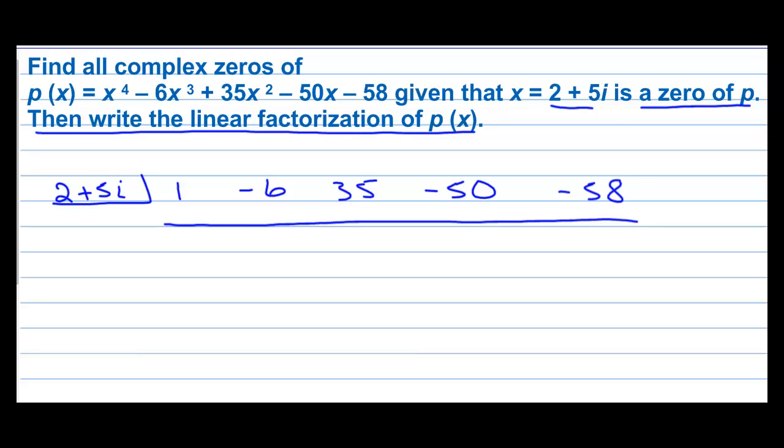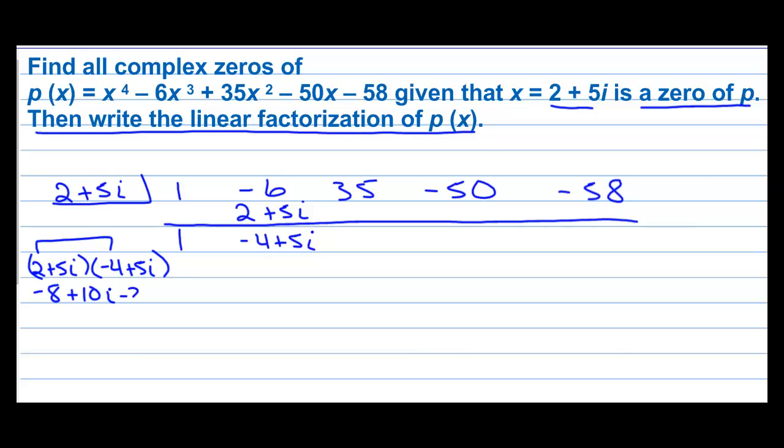Let's bring down the 1. We have 2 plus 5i. We're going to add, so that's negative 4 plus 5i. And we have to multiply these two together, which is 2 plus 5i times negative 4 plus 5i. That's negative 8, plus 10i, minus 20i, and then plus 25i squared.